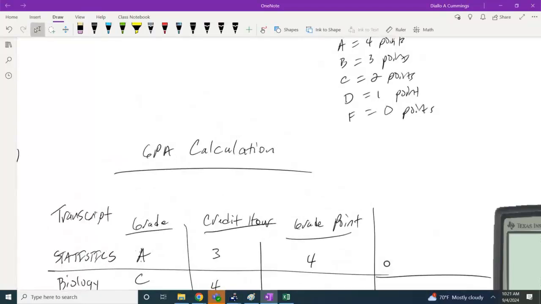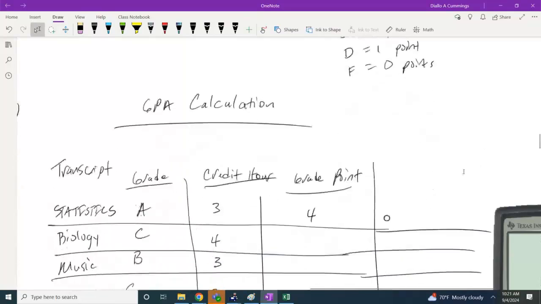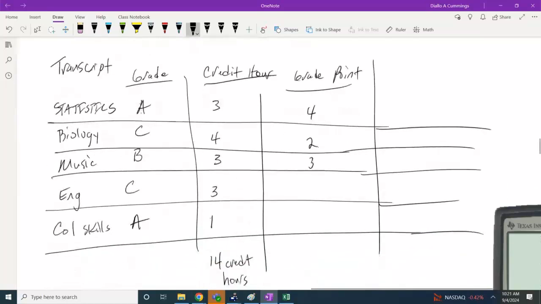All right, so what I'm doing is I'm converting my letter grade into its equivalent point grade. So an A is 4, a C is 2, a B is 3, a C is 2, and an A is 4, right?